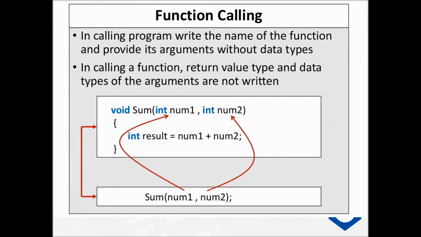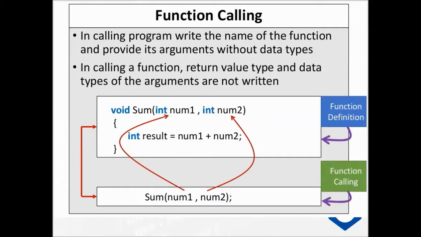So when we write sum(num1, num2), then when the compiler compiles this line, the control goes to the void sum(int number 1, int number 2), and number 1 contains the same value which we used in calling the function, and number 2 uses the same value which is defined in the calling program's variable number 2.